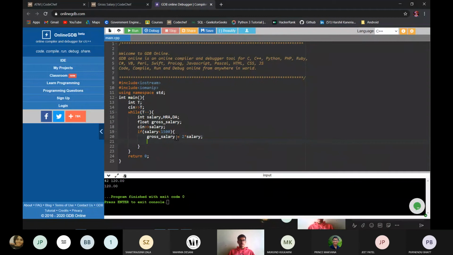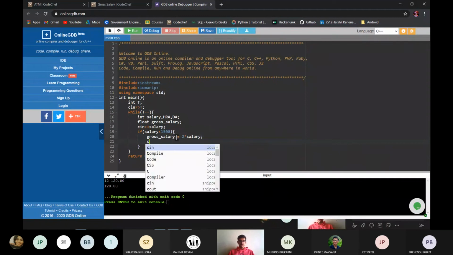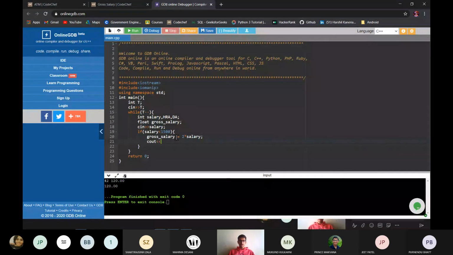Okay, so let us print this. But here we also want 2-digit precision, so set precision of 2 here.